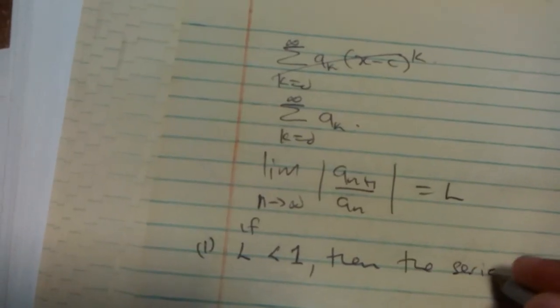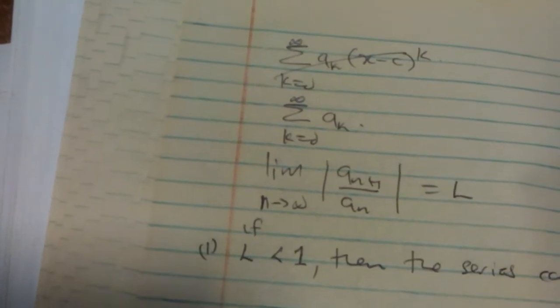If you calculate the limit as n goes to infinity of a_(n+1) over a_n, and call it L, if L is less than 1, that is in absolute value, then the series converges absolutely.